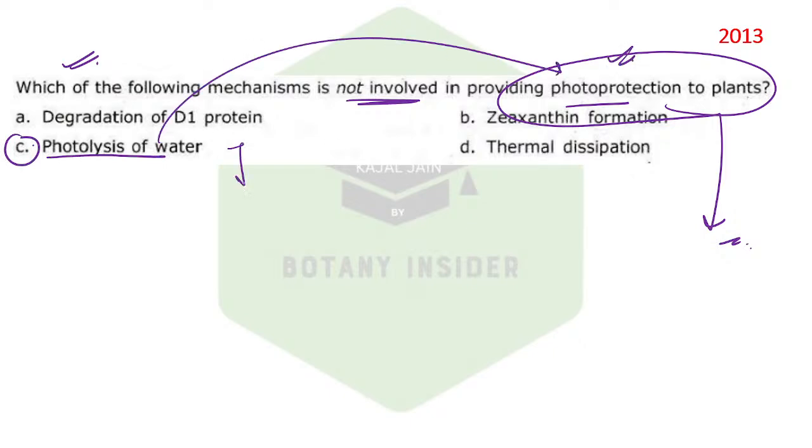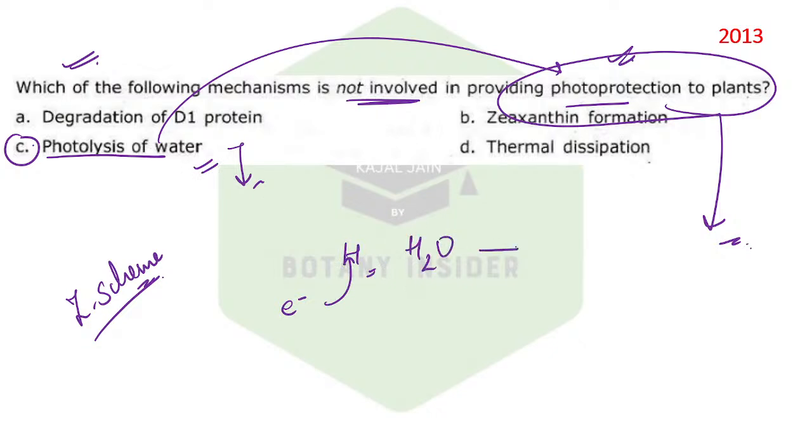The reason being, photolysis of water is required where? It is required during the Z scheme functionality, because the Z scheme is the light reaction occurring during the photosynthetic pathway, right? And for a continuous supply of electrons in the Z scheme, photolysis of water is required, which is water getting split into 2H plus, 2 electrons and a nascent oxygen molecule.